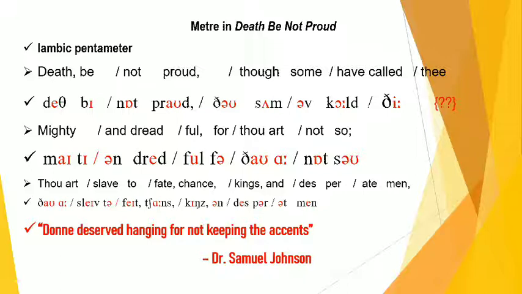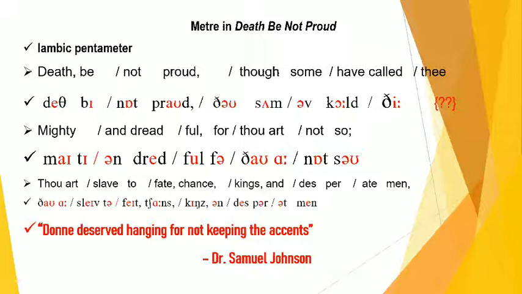So, Death be not proud. If you look at this line, "Death be not proud, though some have called thee," this is not a strict iambic pentameter. Death, be is the other syllable. Not proud, next two syllables. For though, some six, have called, eight, and thee is nine. There should be 10 syllables in a line, but here we do not have 10.